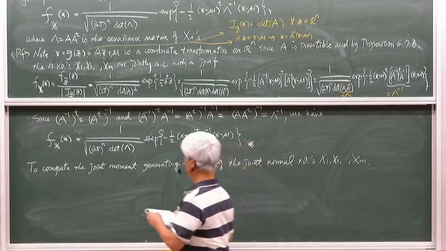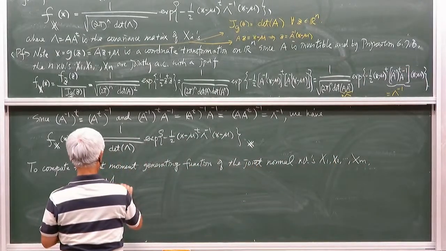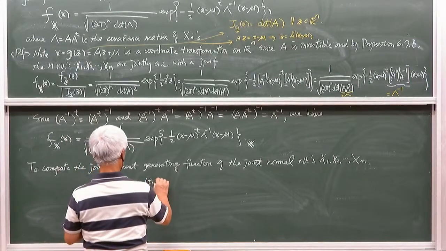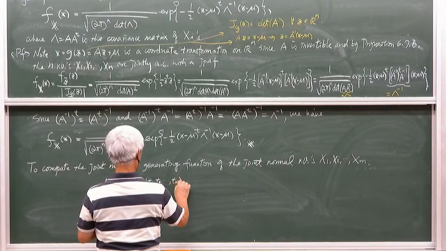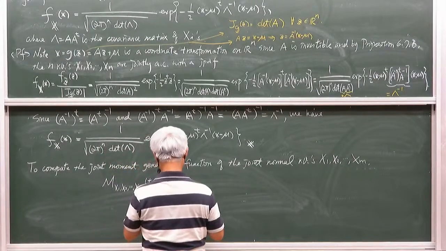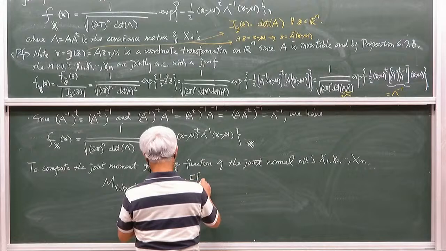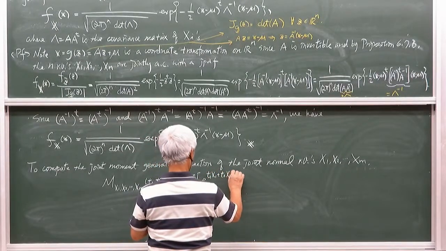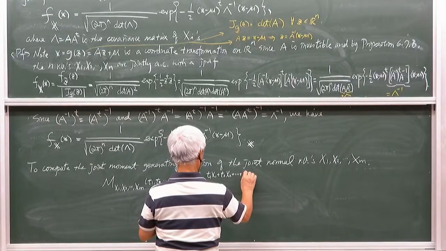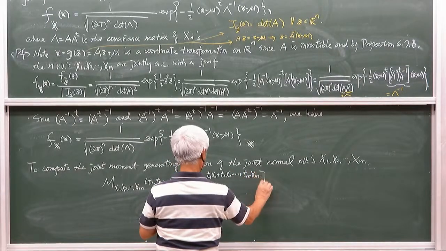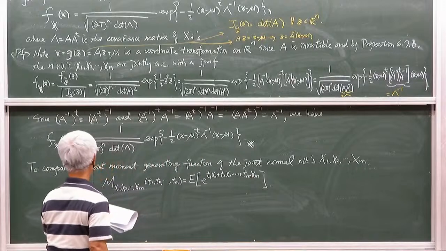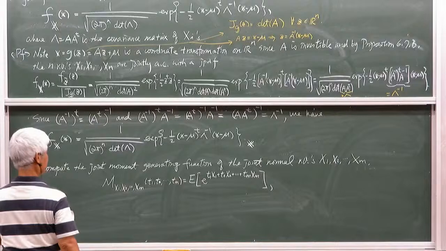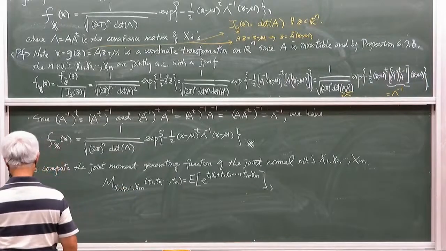So that M of x1, x2 up to xm at t1, t2 up to tm. So we know that this is the expectation. Alright, so our task is to find this joint moment generating function of the m jointly normal random variables.